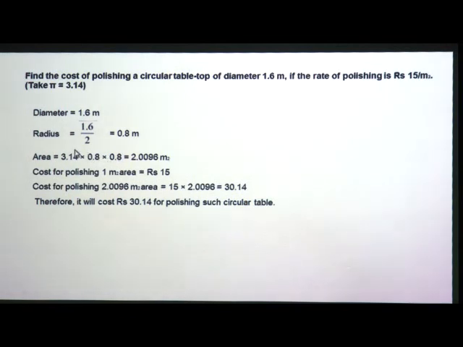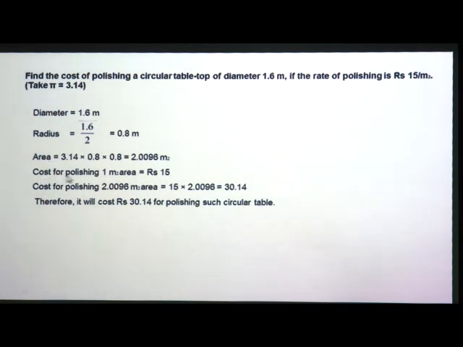Now, we know the value of pi as 3.14 multiplied by 0.8 multiplied by 0.8. After multiplying this, we get 2.0096 meter square. So, this is the area of the circular tabletop.